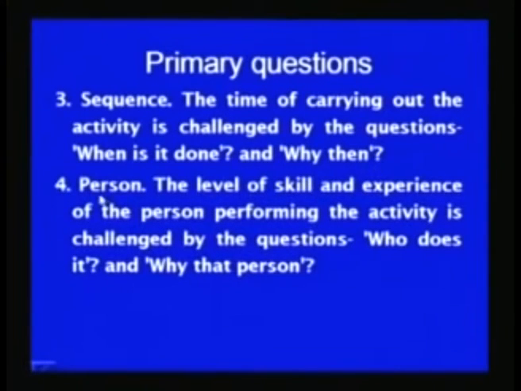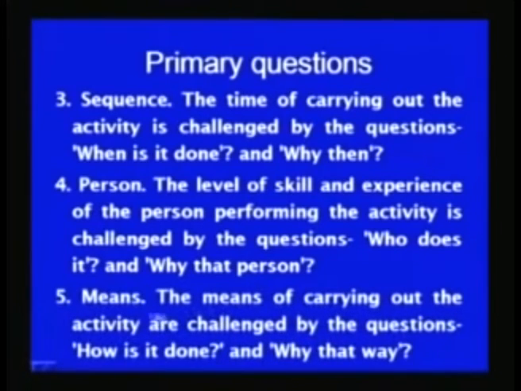Regarding the person, the level of skill of the person performing the activity is challenged by questioning who does it and why that person. And the means of carrying out the activity are challenged by the question how is it done and why in that way.